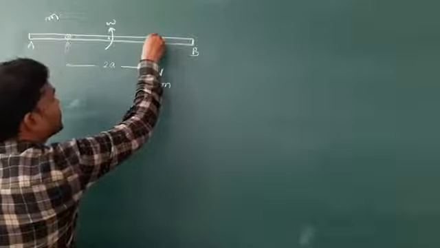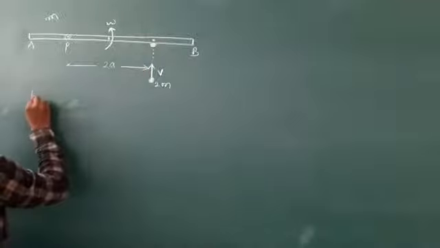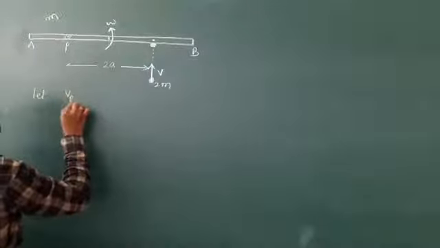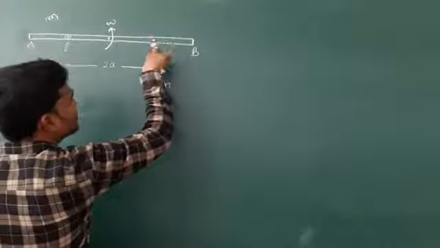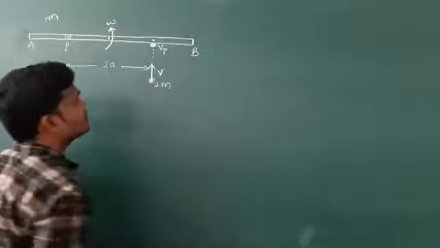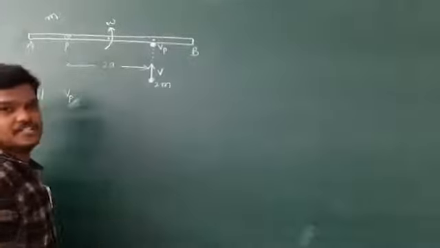After the impact this particle has some linear speed, so let us consider Vp as the velocity of the 2m mass after collision.